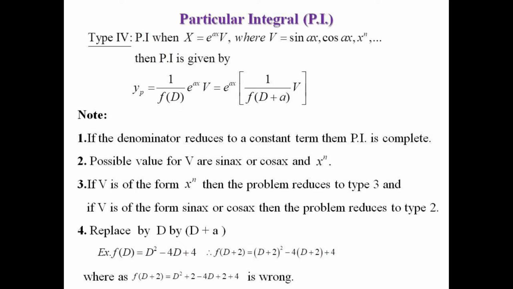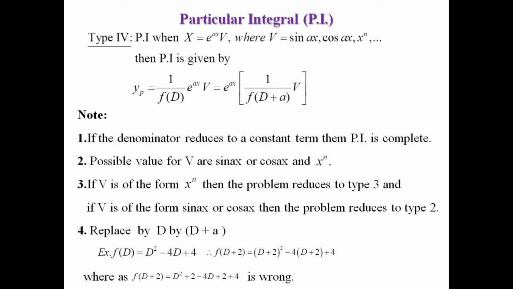Some students make a mistake while putting the value of D as D plus a. They write this as D square plus 2 minus 4D plus 4 plus 4, which is the wrong method for solving the example. So take care while replacing D by D plus a.